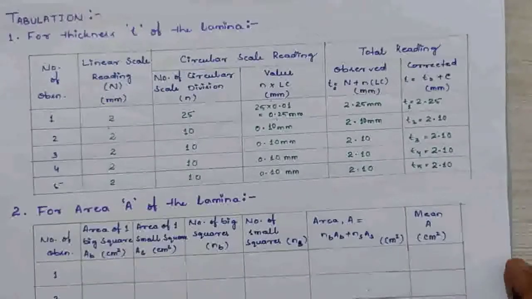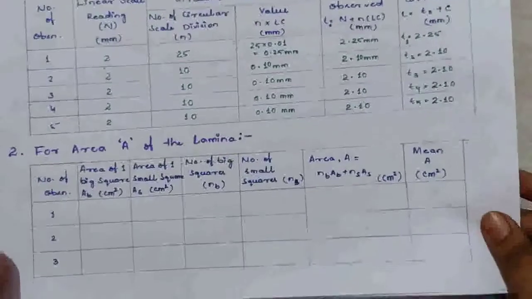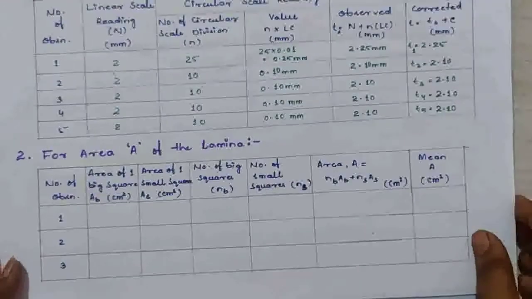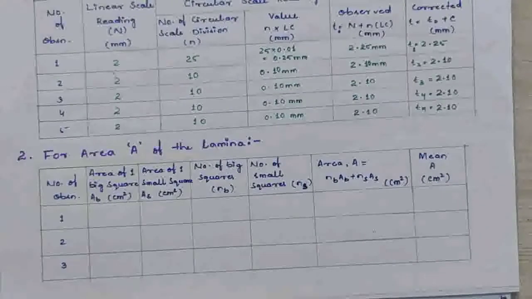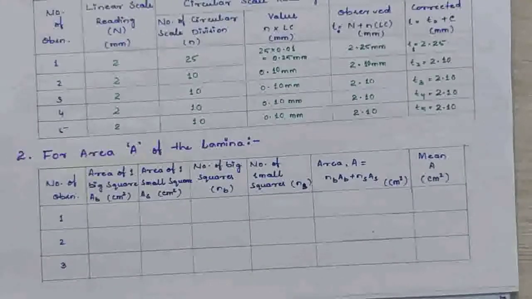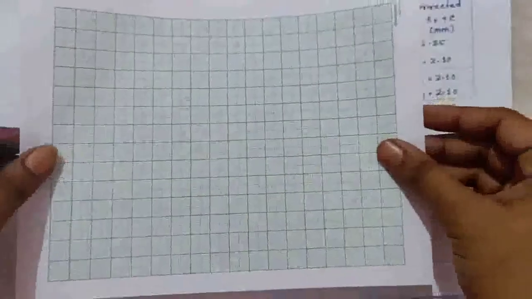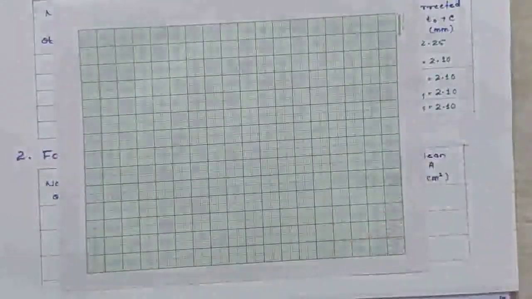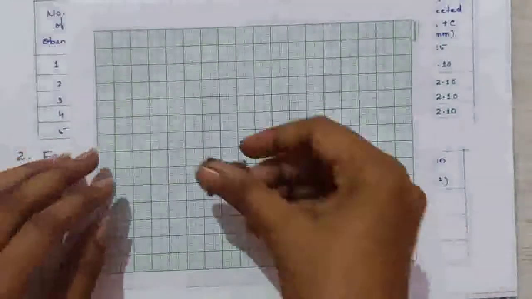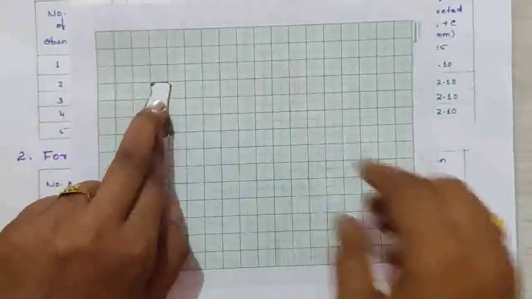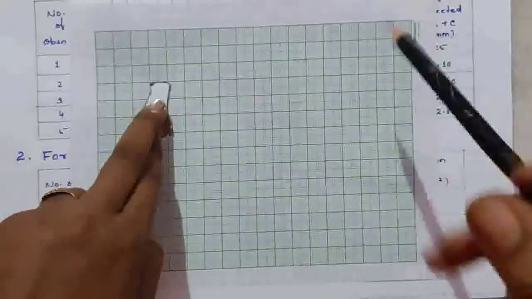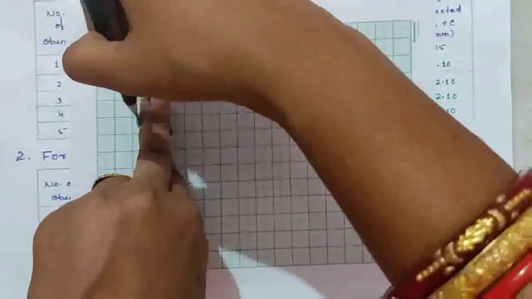Next, we will move to the second observation, that is the observation for the area of the lamina. And as I said, for the determination of area, we will use a graph paper. Suppose this is the graph paper. First step, what we do, we have to take the outline of this lamina with the help of a sharp pencil.